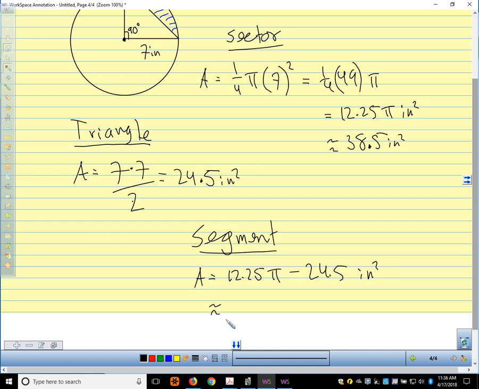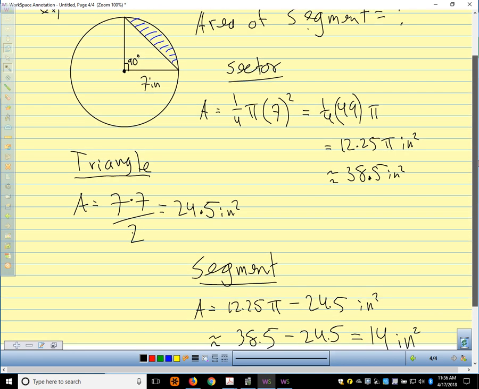That's approximately 38.5 minus 24.5, which is 14 inches squared. So rounded to the 10th, that's going to be about 14 square inches, the area of that segment. And this one we were able to figure out the height because the height was also a radius.